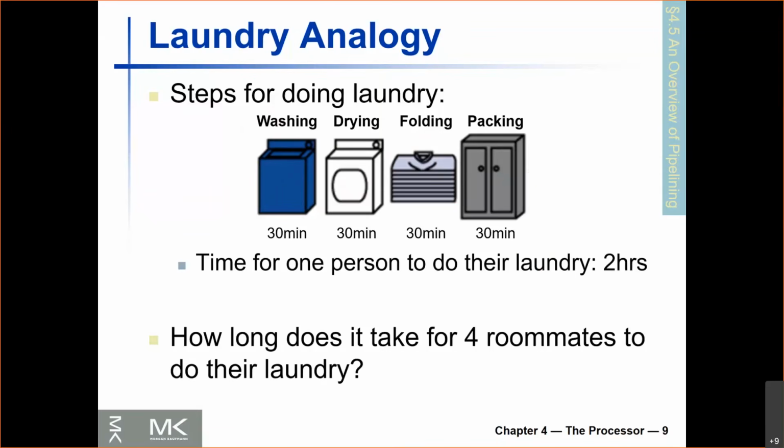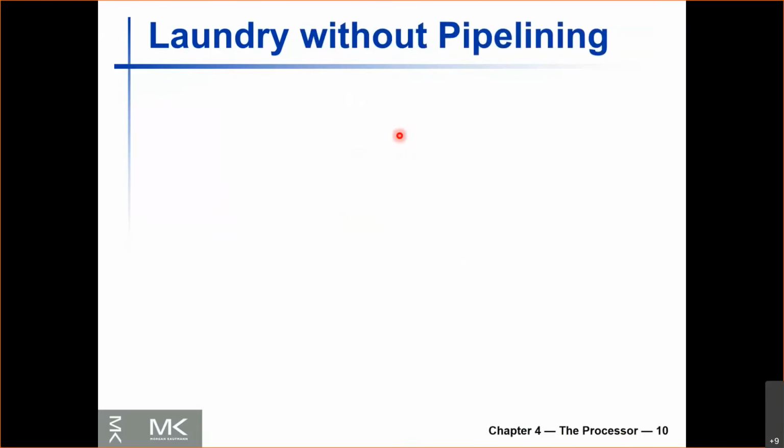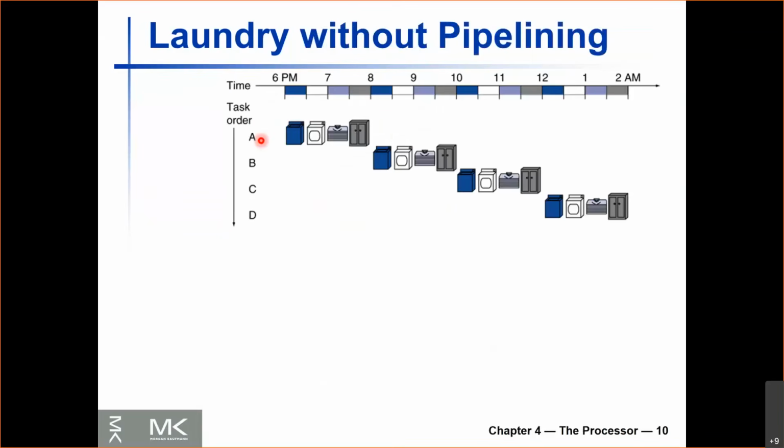However, someone answered 8 hours, and that is one possible answer. And the real answer is that it depends on the strategy that they follow for doing the laundry. So let's see different possible strategies. One possible strategy is that roommate A comes and does their laundry, and that takes 2 hours.